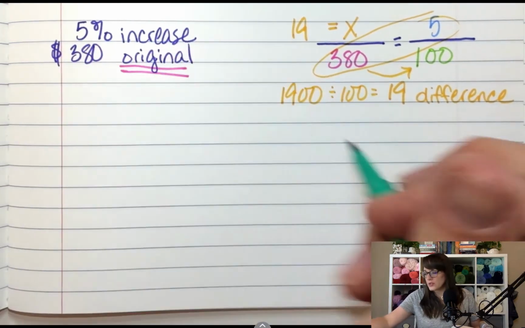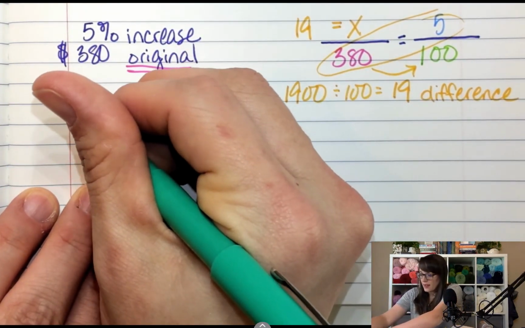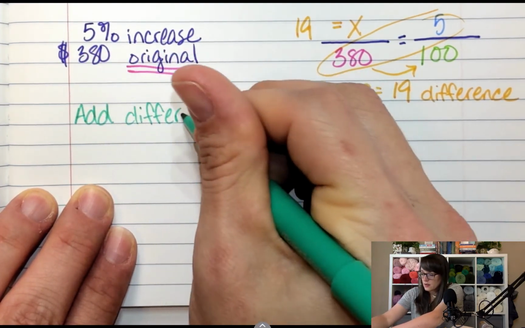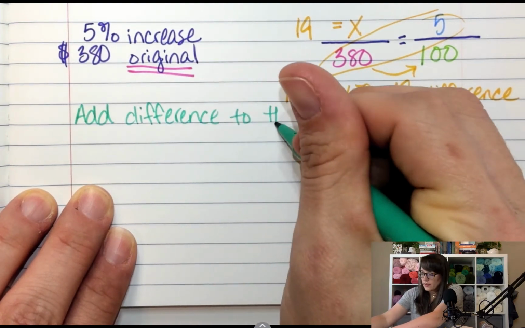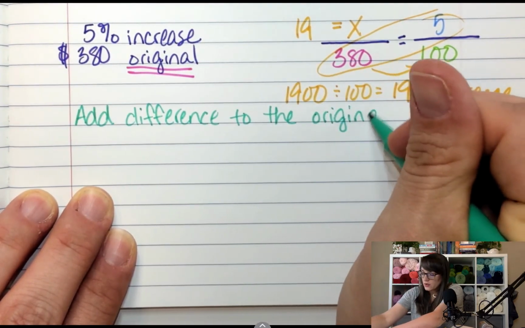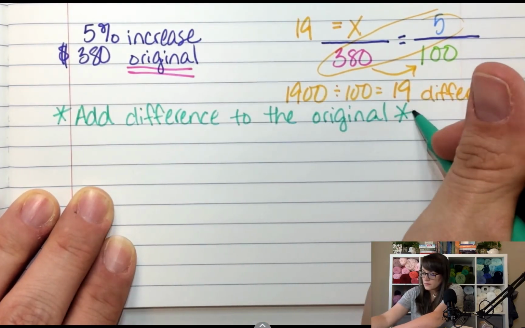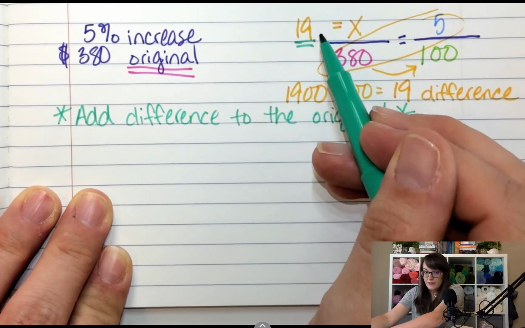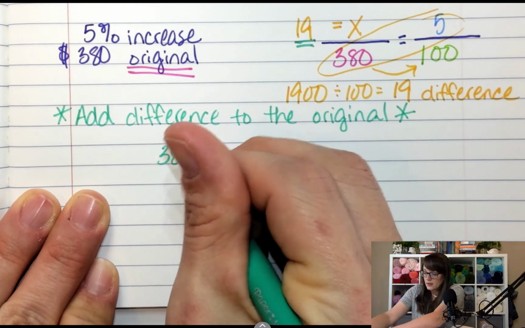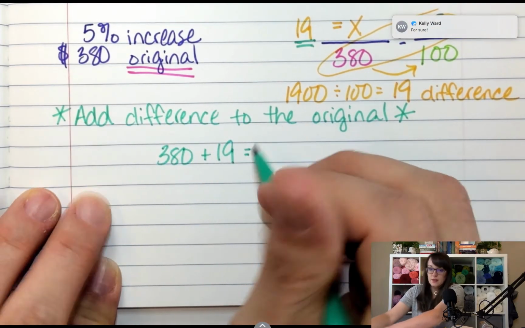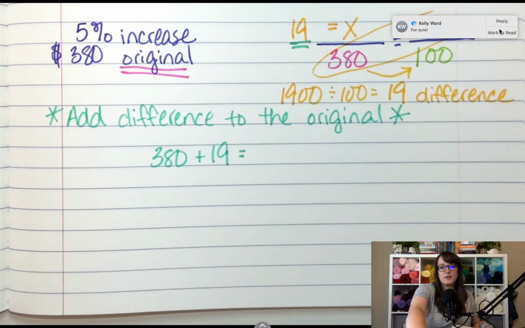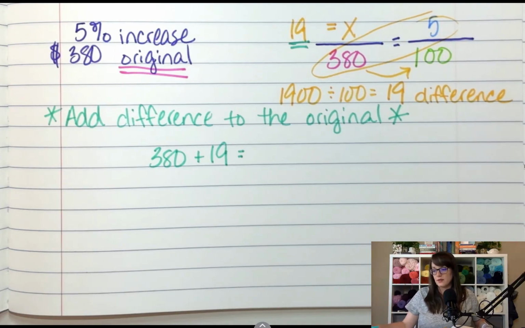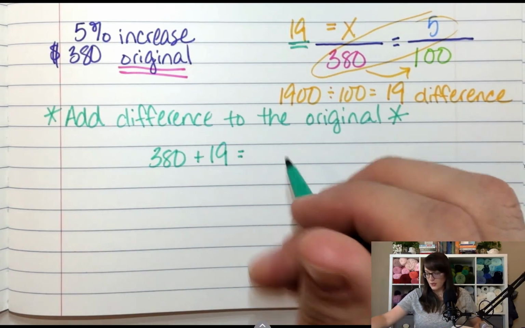So with this one, I'm going to take the original price and add the difference to the original. So the 5% is $19. That's the difference. So 380 plus 19 is 399.